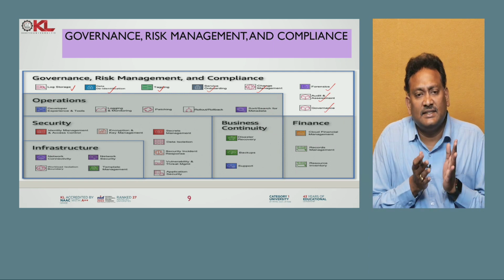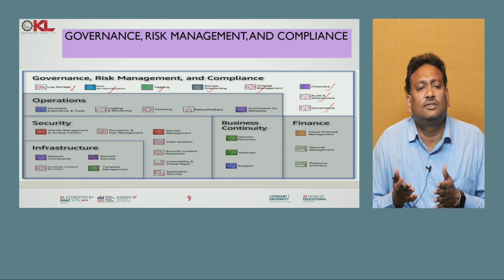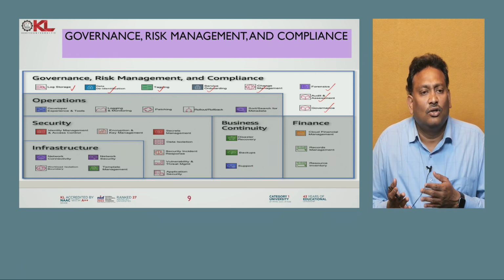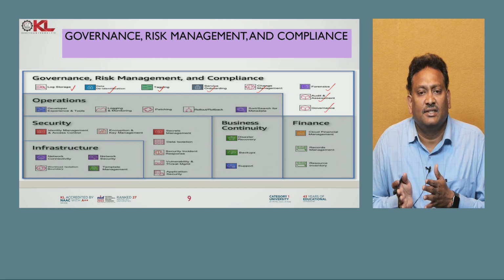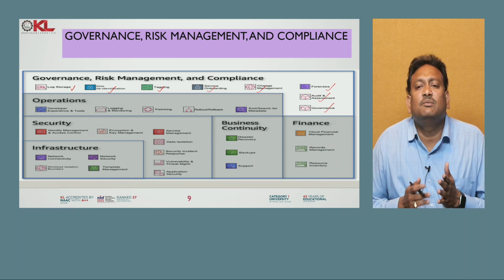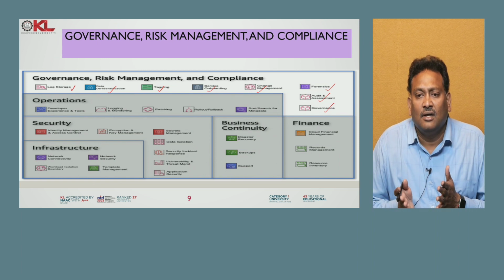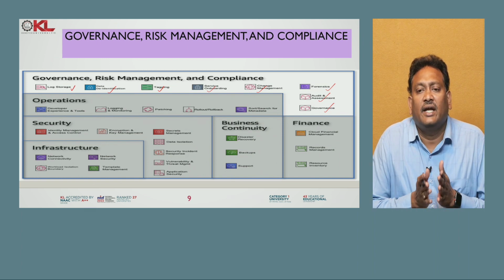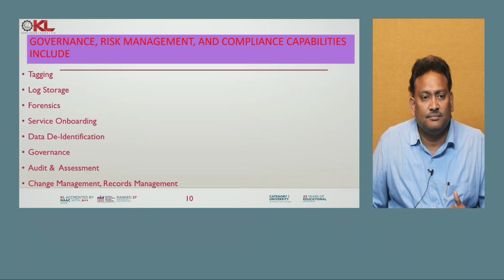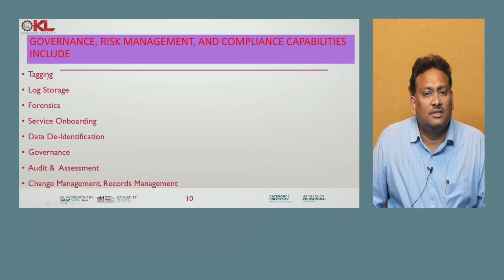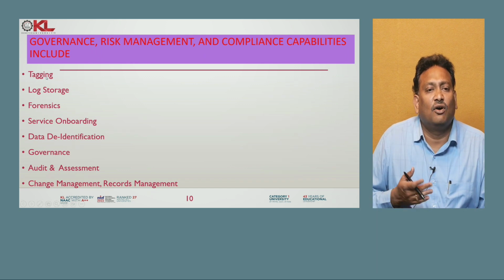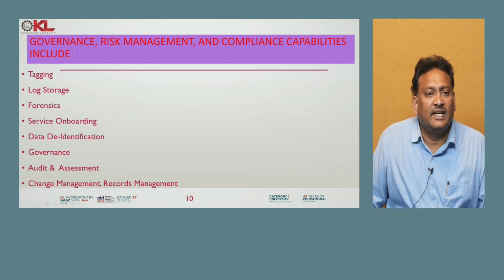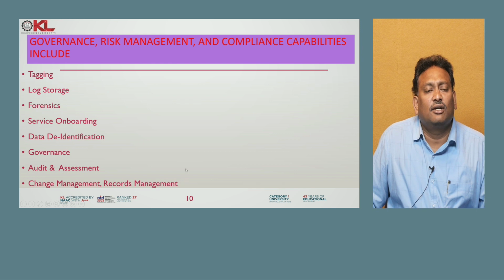So governance, risk management and compliance includes tagging, log storage, data de-identification, service onboarding, change management, forensics, audit and assessment, and governance. The capabilities are tagging, log storage, forensics, service onboarding, data de-identification, governance, audit and assessment, change management and records management.